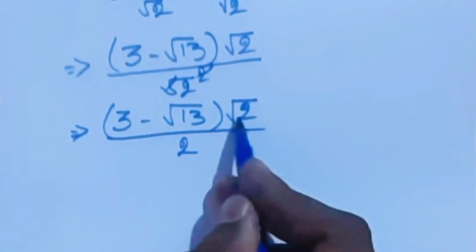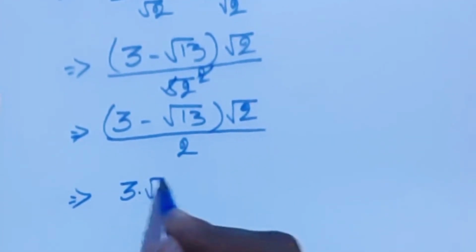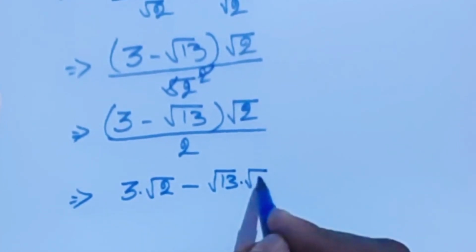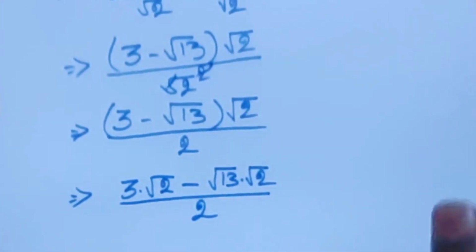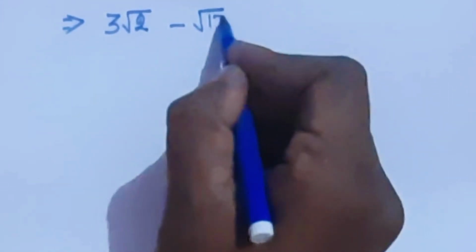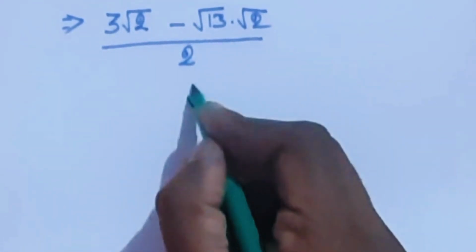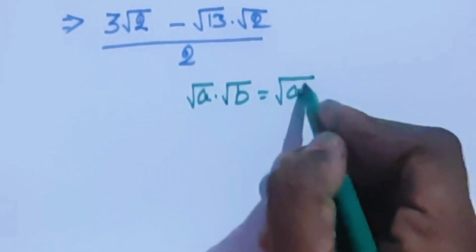Now we are going to multiply the square root of 2 inside the bracket. We will get (3 times square root of 2 minus square root of 13 times square root of 2), whole divided by 2. Now this can be written using square root of a times square root of b equals square root of ab.